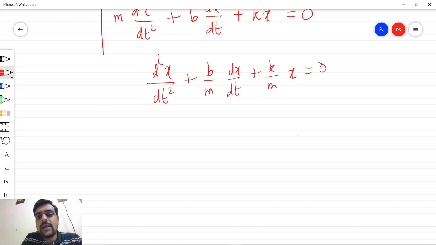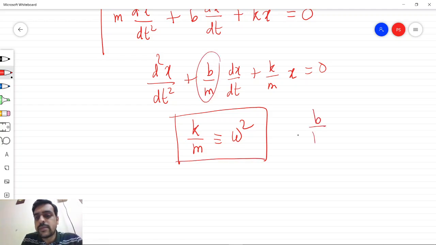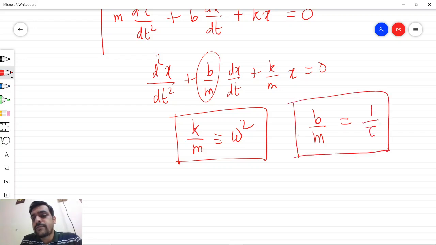Now as done earlier, let us define the constant k by m as omega squared. There is another constant, b by m. Let us denote it as 1 by tau. Why is it denoted as 1 by tau? That will be clear to us at the end of this discussion.